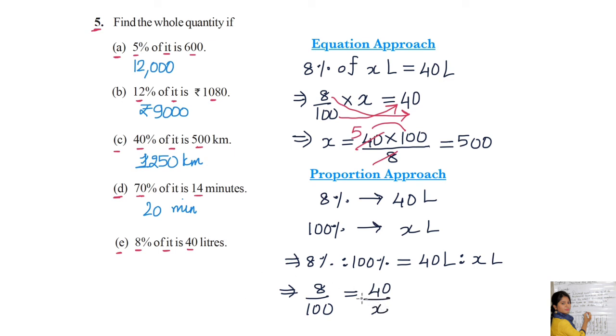And if we transpose this, directly we can write the x value as 500, as we have solved in the equation approach. So that unknown quantity is 500, and we can say that 8% of 500 is 40 liters.